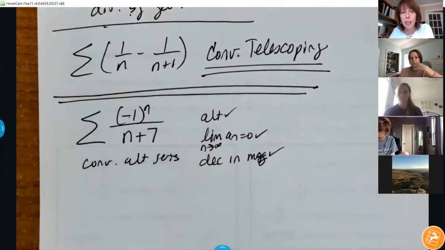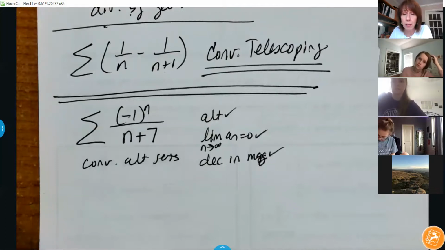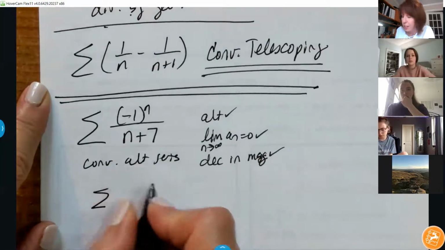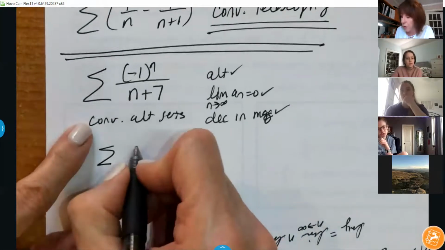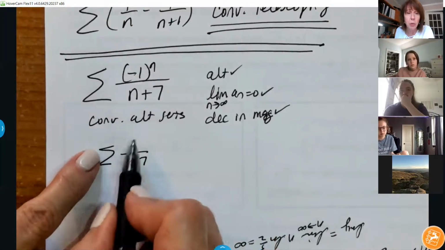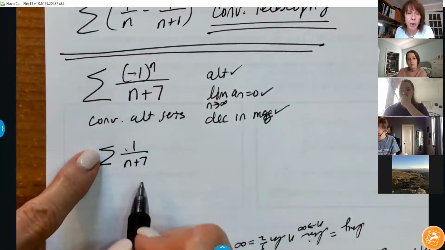Question. It is converging. It's an alternating series. Is it conditional or absolute? Conditional. So that, good. It is conditional. So remember, for that one, we ask ourselves, what is the series without the alternating, without the -1?